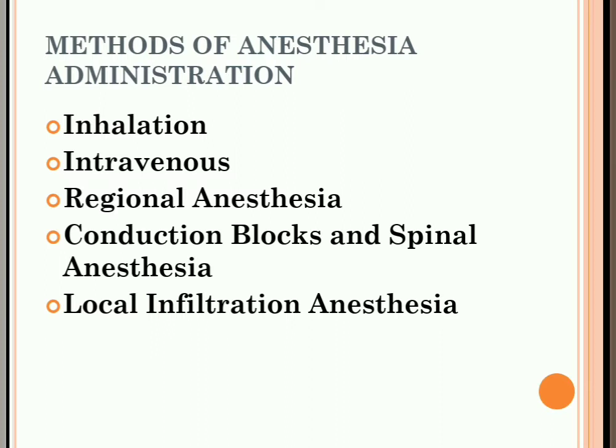Paravertebral anesthesia, which produces anesthesia of the nerves supplying the chest, abdominal wall, and extremities. We also have your transsacral or your caudal block, which produces your anesthesia of the perineum and occasionally your lower abdomen.